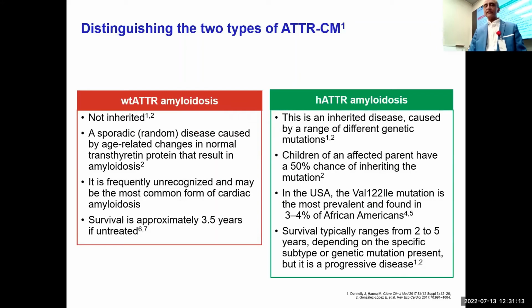So as I said, two distinct types, so I won't belabor the point. It is inherited in an autosomal dominant fashion, meaning 50% of children of someone who has genetically inherited ATTR will get the gene for it, and they'll be at risk. So it becomes very important to distinguish, is it genetically inherited, and then screen other family members around them.